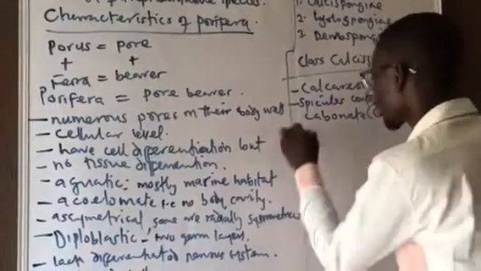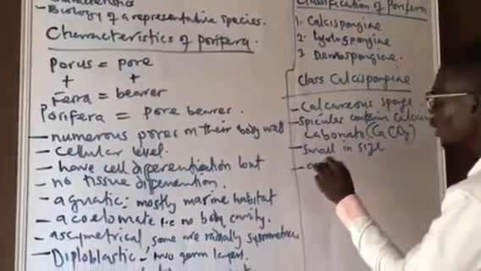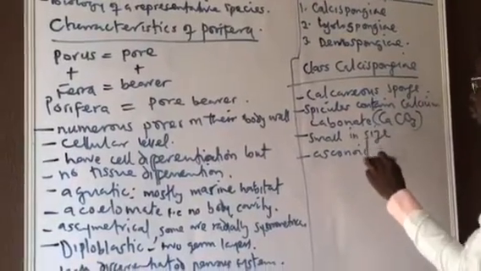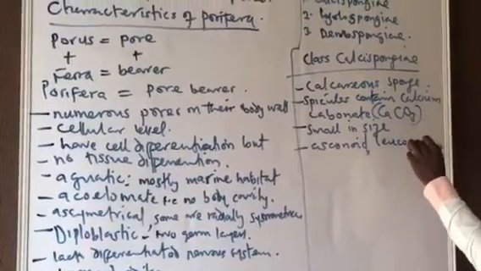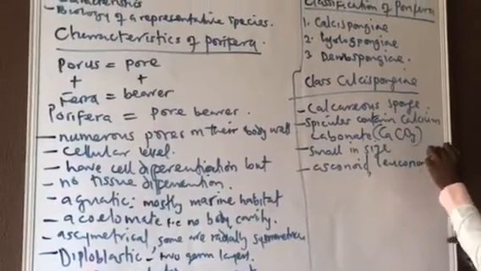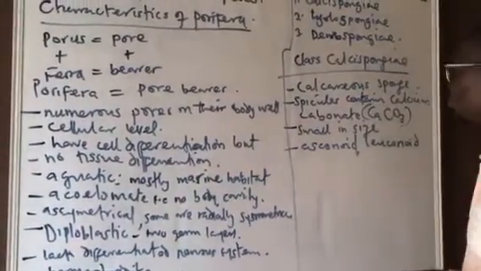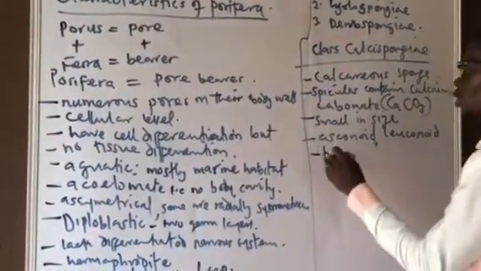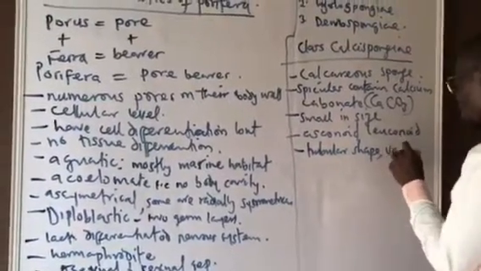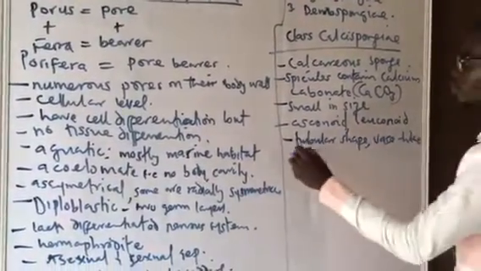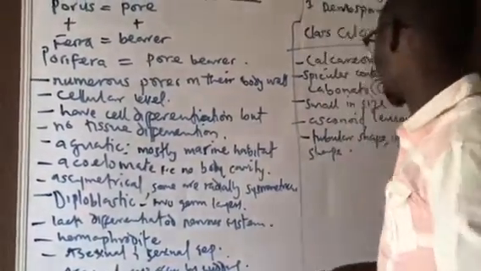So these groups are very small in size, and they can contain the asconoid, the leuconoid, and also synconoid forms. These groups have a tubular shape, and some have a vase-like shape. Some are tubular, while some are vase-like.